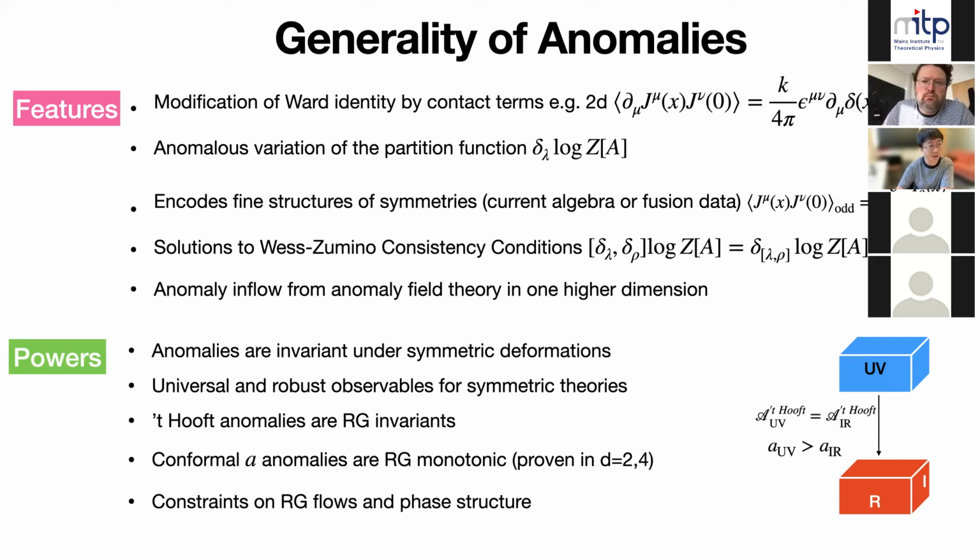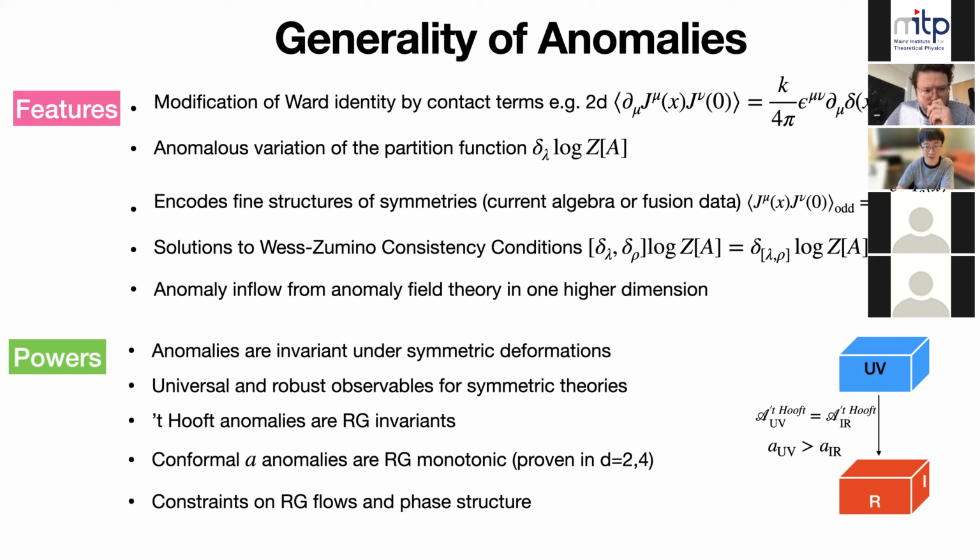Okay, and for the other kind of anomaly, the conformal anomaly, in particular the conformal A-type anomaly. Well, in general, conformal anomalies are only well defined when you have conformal symmetry, and among them, the conformal A anomaly has the nice property that they are monotonic under RG.